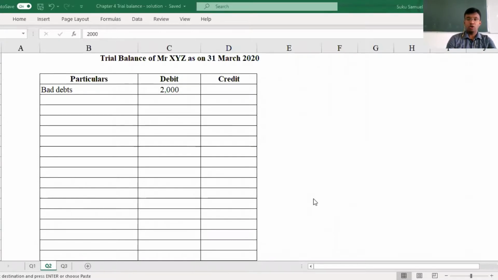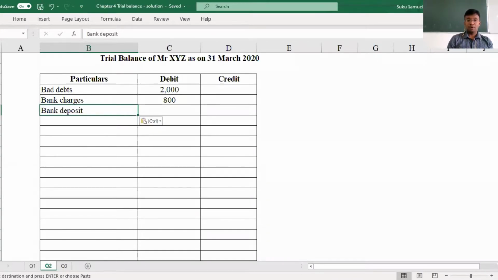You may have taken a locker, a debit card, or bank statements. For those kinds of things, you may have to pay a certain amount of money to the bank. So that is what is referred to as bank charges. So bank charges is again an expense. All expenses will fall on the debit side. Next is bank deposit.